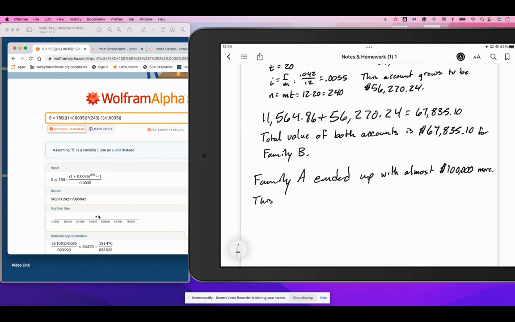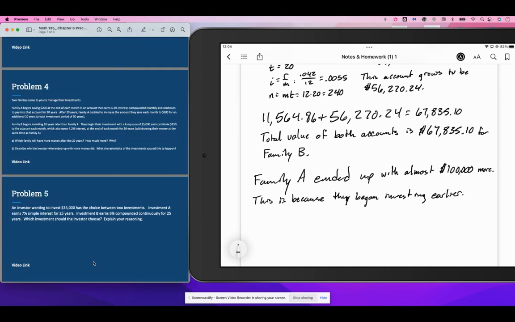This is because they began investing earlier. Time is fertilizer for money, everybody. And the characteristics of the investment that made that happen, they invested earlier and just made small contributions each month. And before you know it, it grows to be a pretty huge amount.